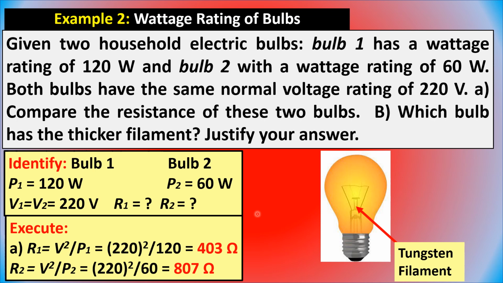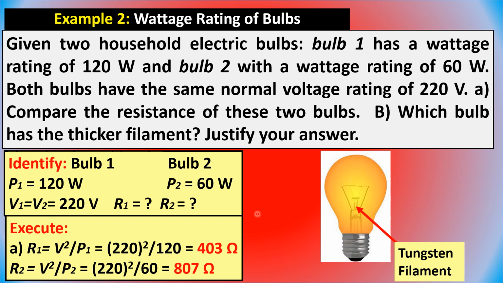Tungsten gets so hot without melting, because the melting point of tungsten is so high. Without melting, the filament will simply glow, and that explains why a light bulb can produce light, a transformation of electrical energy into light.